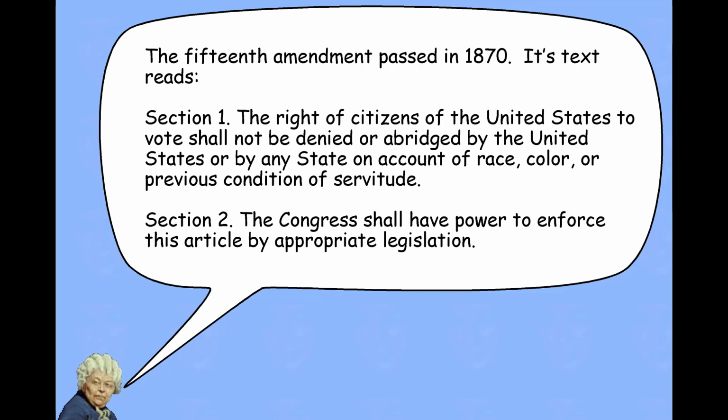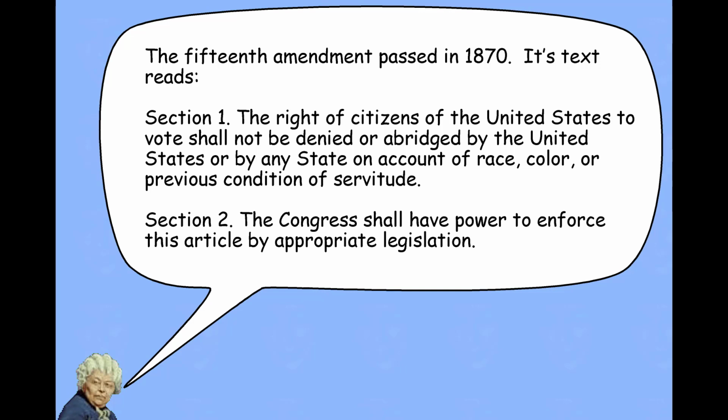The text itself reads, "The right of citizens of the United States to vote shall not be denied or abridged by the United States or by any state on account of race, color, or previous condition of servitude. The Congress shall have power to enforce this article by appropriate legislation."